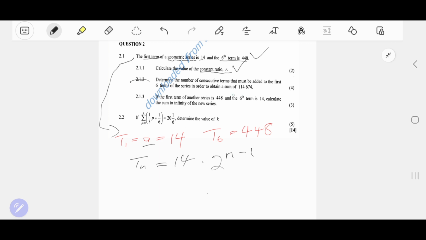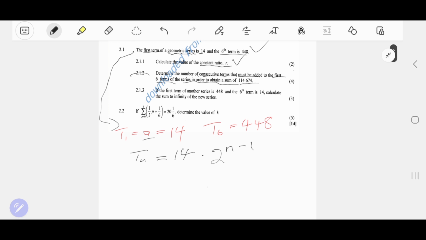Question number 2 says that we must determine the number of consecutive terms that must be added to the first 6 in the series to obtain the sum of this. Are you with me? So this is how you're going to do it, people. The first thing that I always try to put on my students is to try to understand the question. Try to understand what it says.